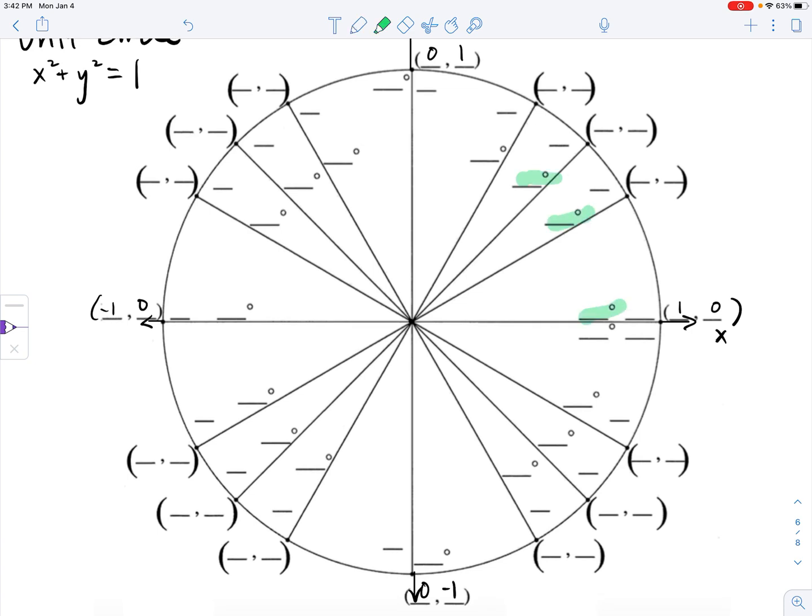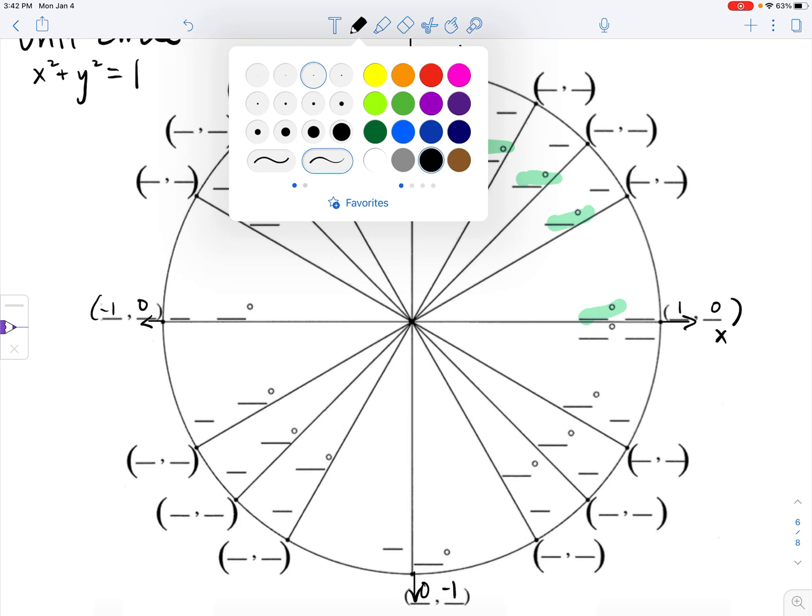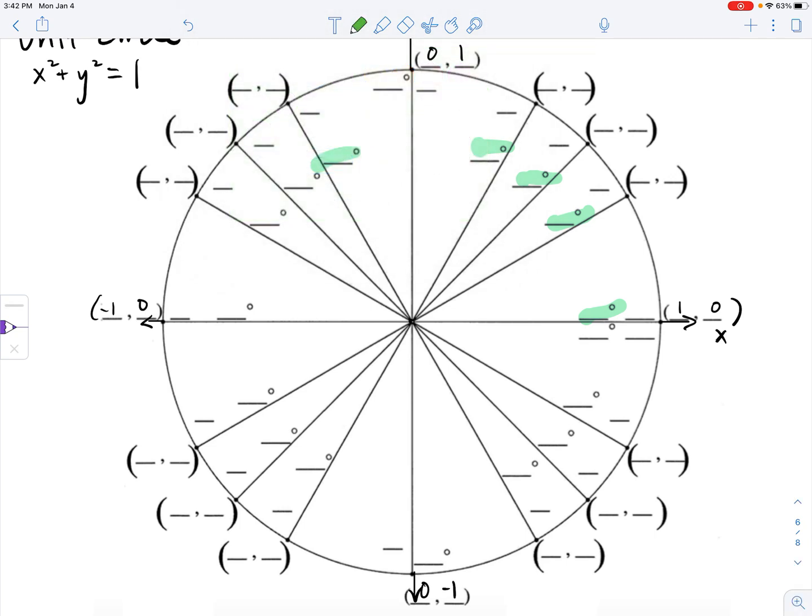And you can see the degree symbol. So these lines here are all going to represent the positive angle that you can think of as the angle starting on the positive x-axis and then rotating counterclockwise. So the first angle is going to be 0 degrees.